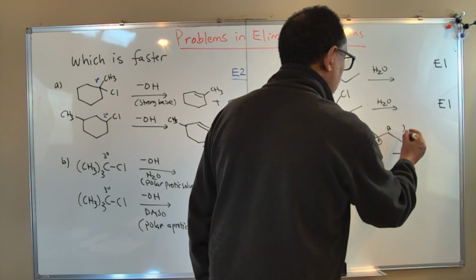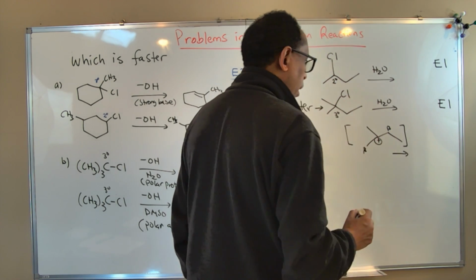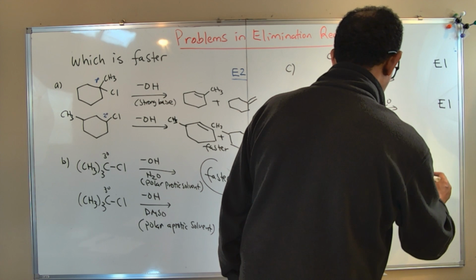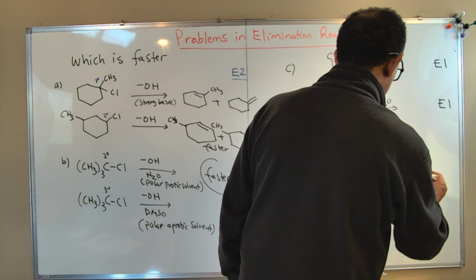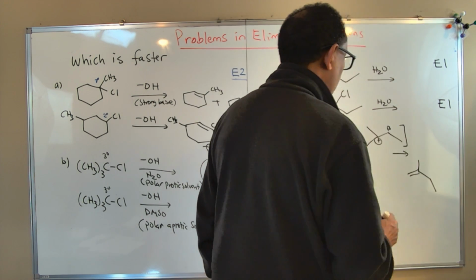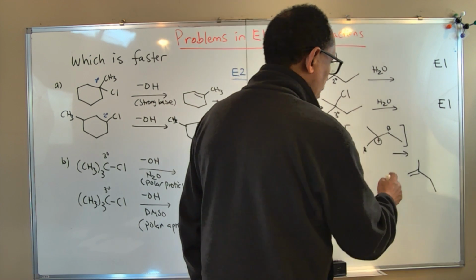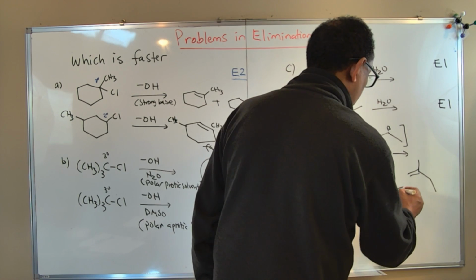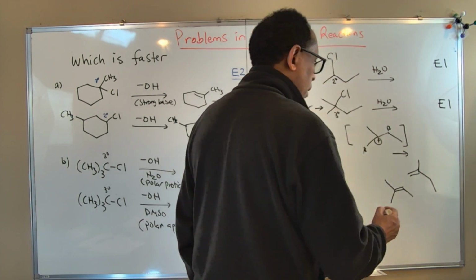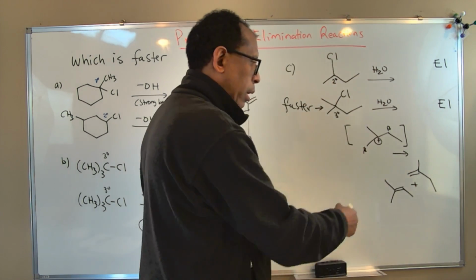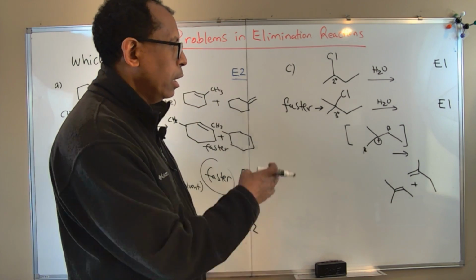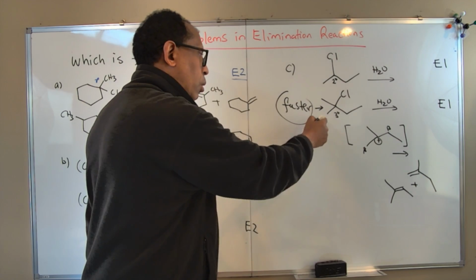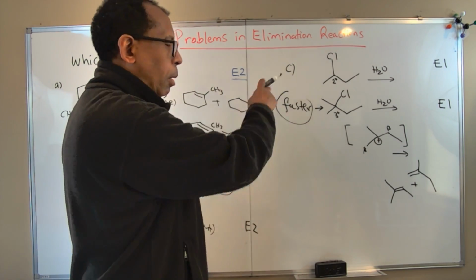This is the intermediate carbocation. So the products look like one from losing from here, or losing from that would be that. So these two isomers can be formed in an E1 mechanism. I would say the reaction is faster for the lower one than the top one.